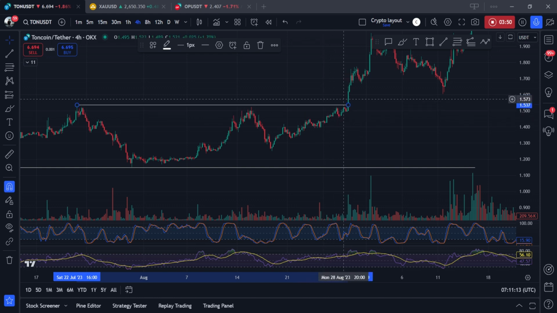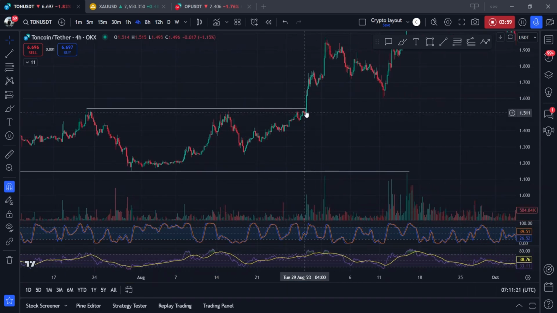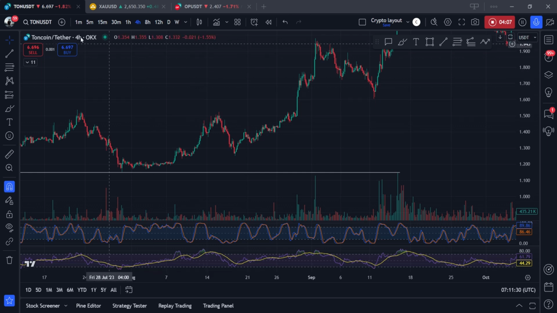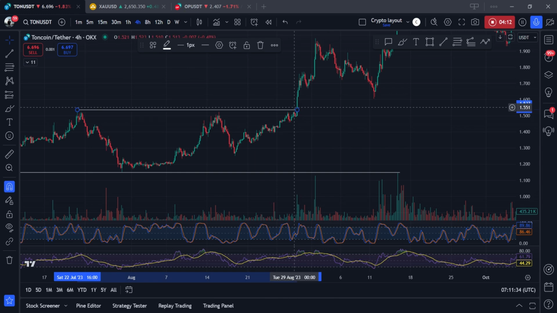So what happens until the structure is broken, which is this one? The price punches through here and breaks the structure. It keeps on going up. Now what do we do? Once the price breaks the structure, this one, it will be the new high. Actually, let me leave it here just for you to understand.